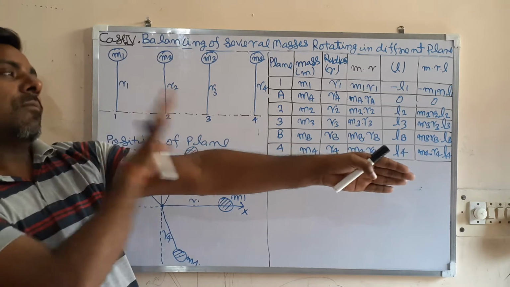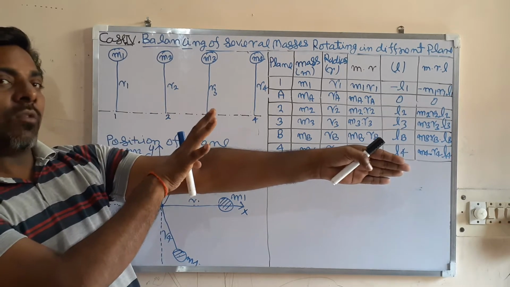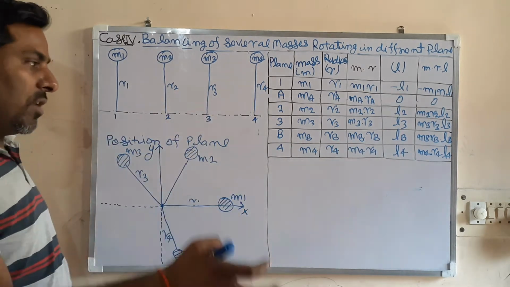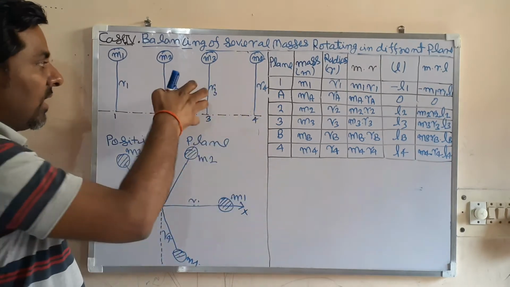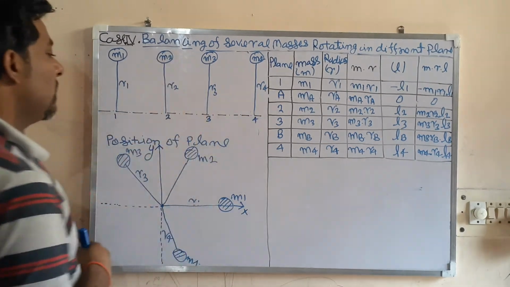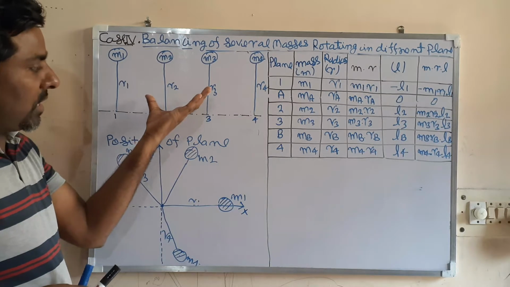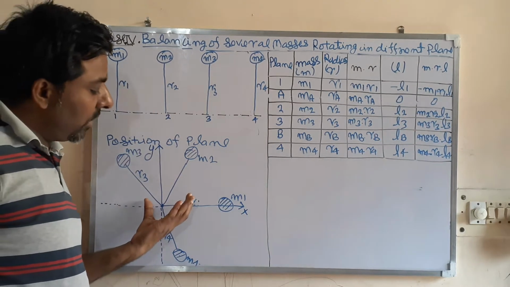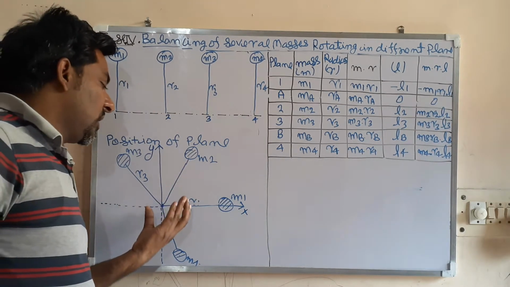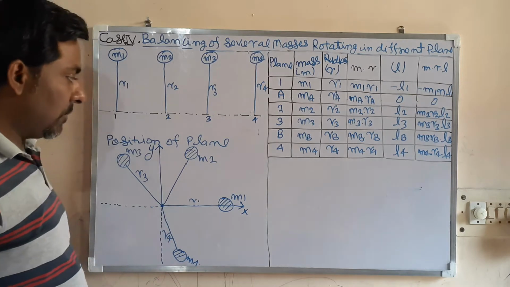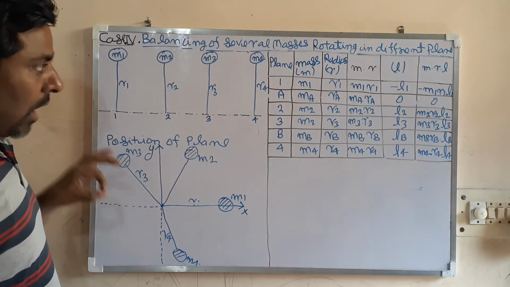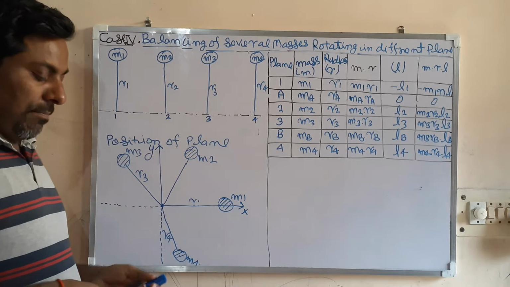So one figure shows the position of the masses, and this figure shows their angular positions on the shaft. Now our objective is to balance it.